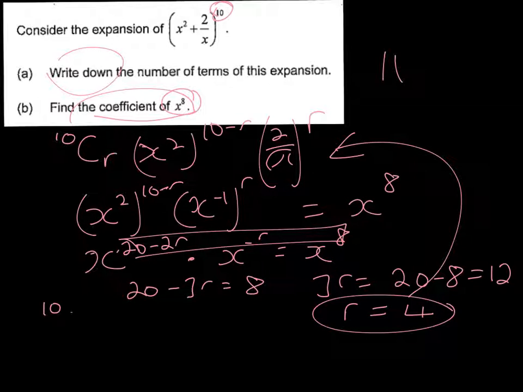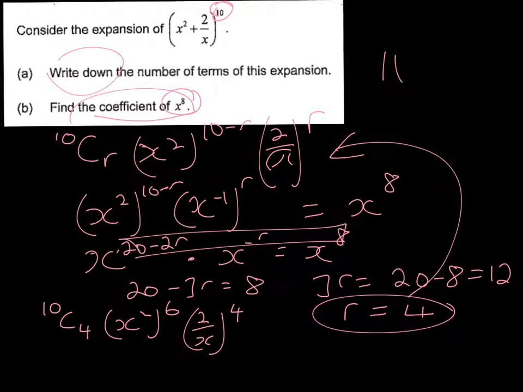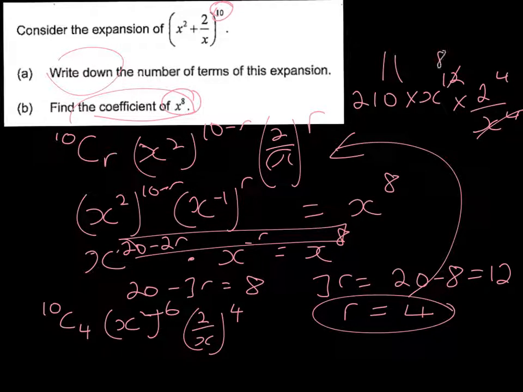So I'm going to get 10 choose 4, x squared to the power 10 minus 4, which is 6, 2 over x to the power 4. And if I put that into my calculator, I do 210, which is 10 choose 4, times x to the 12, times 2 to the 4 over x to the 4, and we can see that this will cancel out to give you x to the 8.